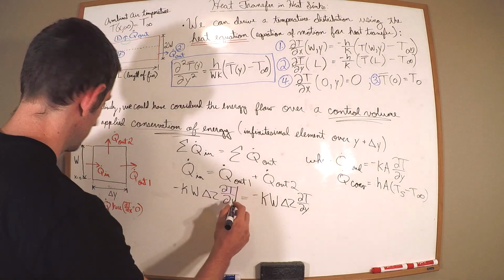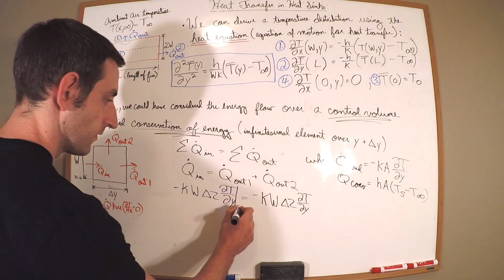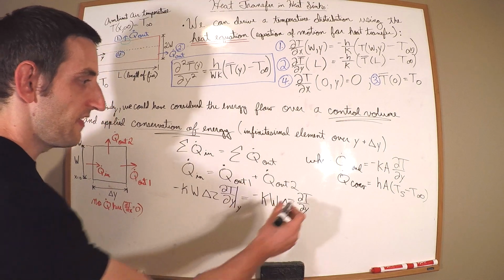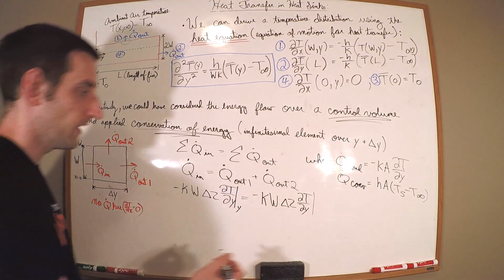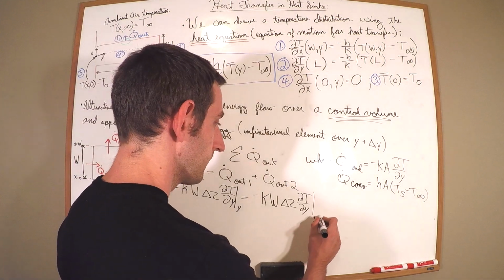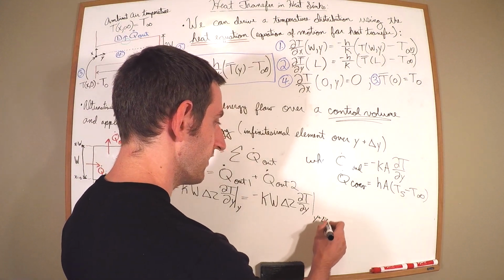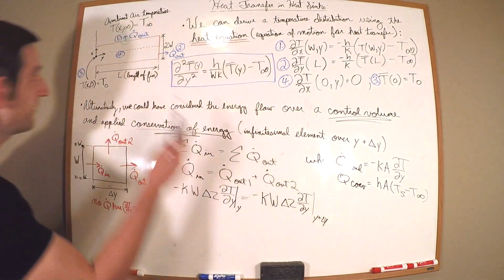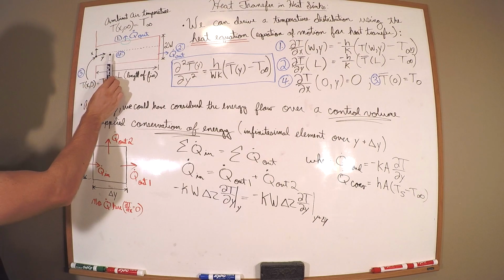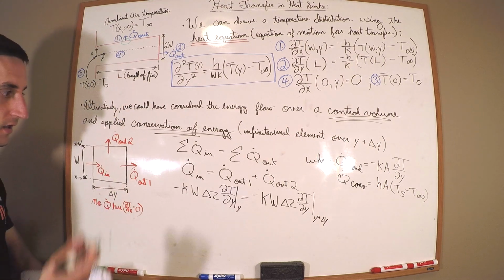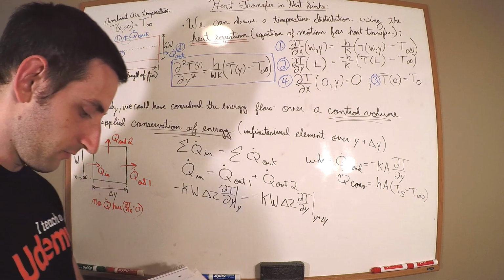So we're going to put y, and this is going to be on the right side, which is going to be y plus delta y, right? The reason I'm using y is because it could be at any infinitesimal slice along this fin. We go at y, the size of the element is delta y, infinitesimally small. So that's the equation we get right there.